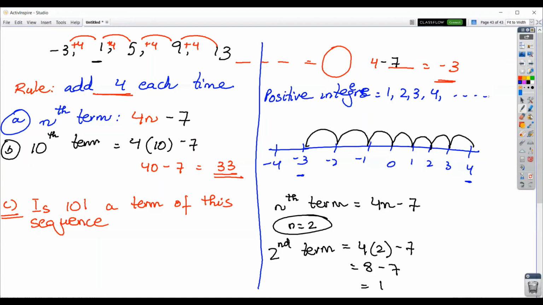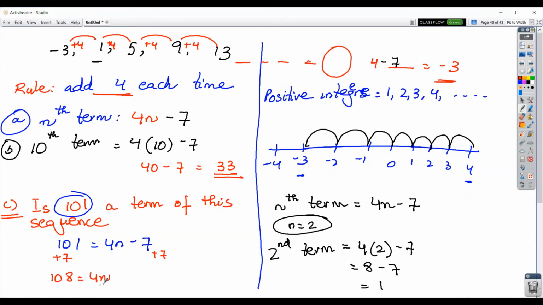So to check whether 101 is part of this sequence, you replace it in the nth term formula, which would be 101 equals 4n minus 7. You rearrange it to find the n value. The inverse of minus 7 is plus 7 on both sides, so it would be 108 equals 4n.